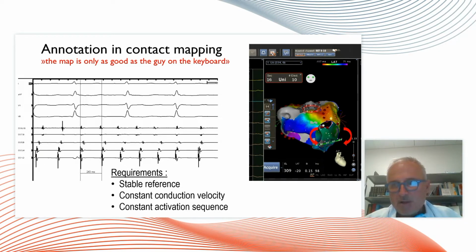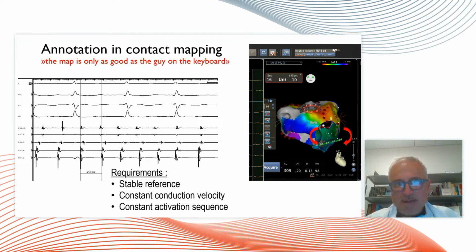Even if you have multipolar catheters with narrow spacing and get a lot of points, just by adding up these measurements and by having unstable conduction velocity and cycle length, contact mapping gets at its limits.